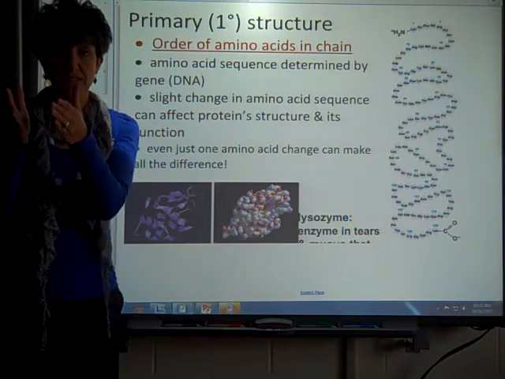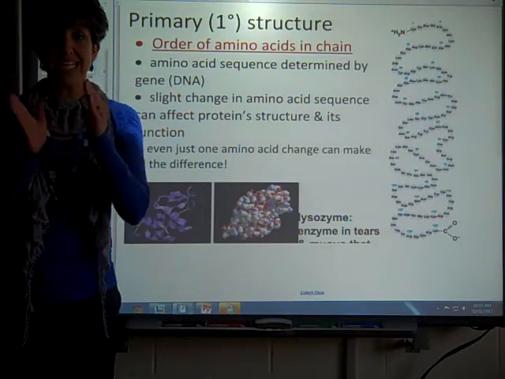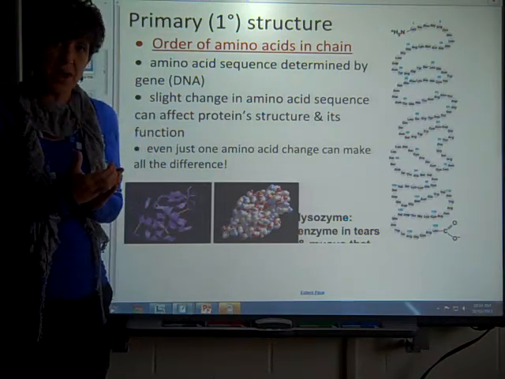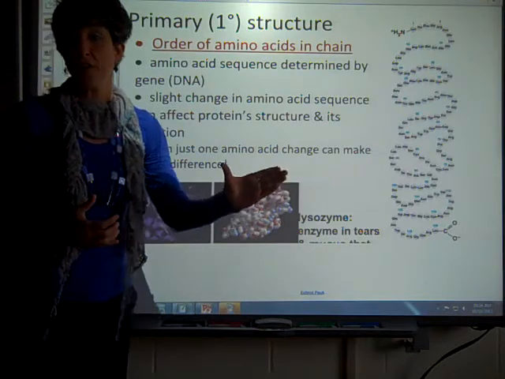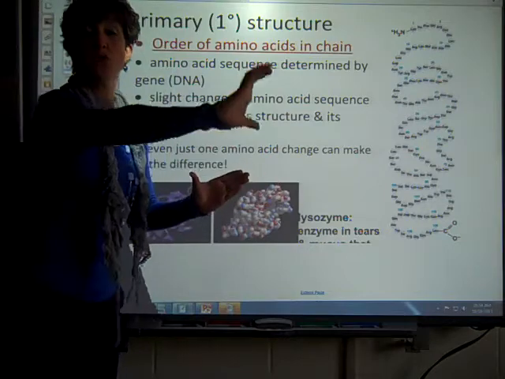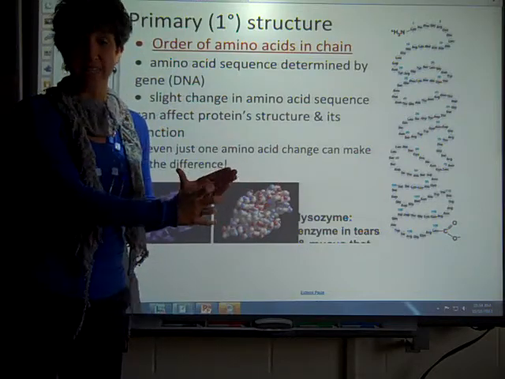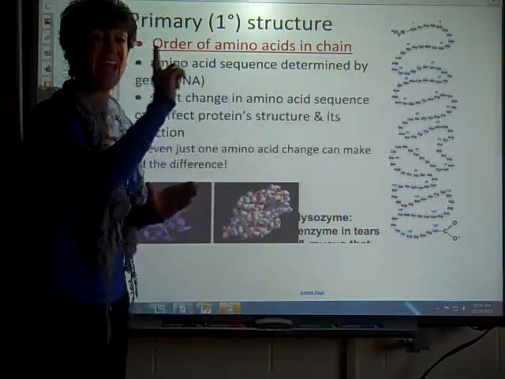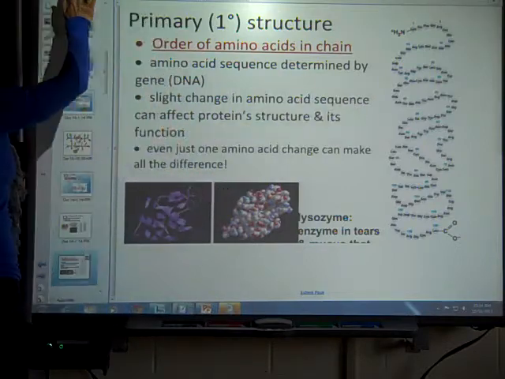So for example, if the mRNA has a codon of CCC, that will code for just one amino acid to come to the ribosome. Another 3-letter codon like GGU will code for a different amino acid to come into that place. The order of the amino acids in a row, that's its primary structure.